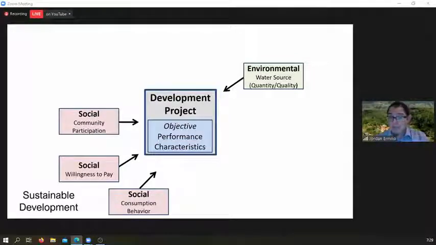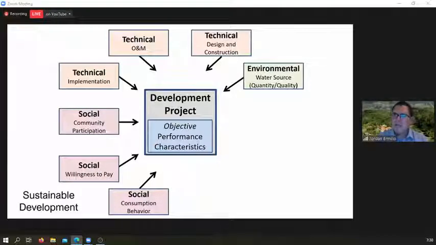The initial needs assessment, the behavior within a particular community, all of the social elements that go into ensuring that a project will be sustainable in the long term. Furthermore, there's technical constraints to a project. So this is really where you're adding in other elements of the development side. So now we're talking about sustainable development because you're talking about social, environmental, technical aspects.